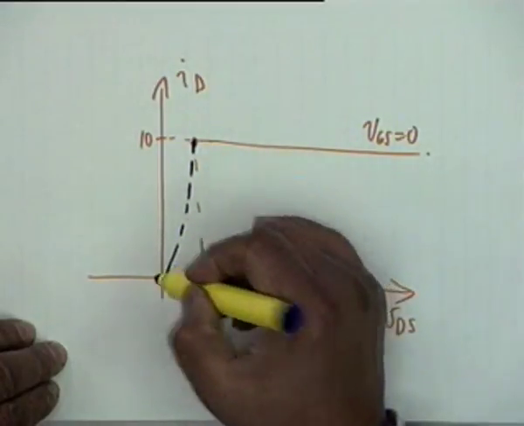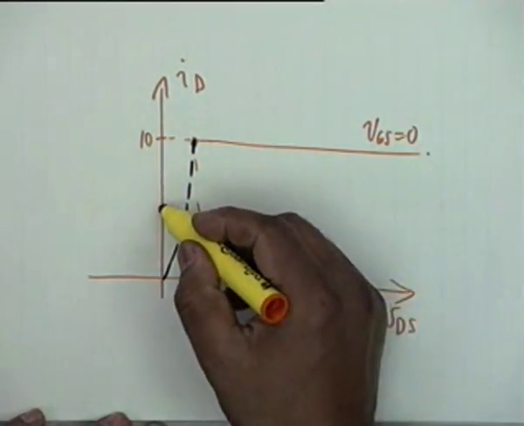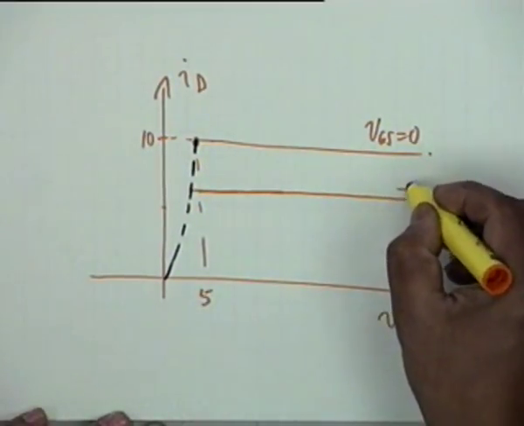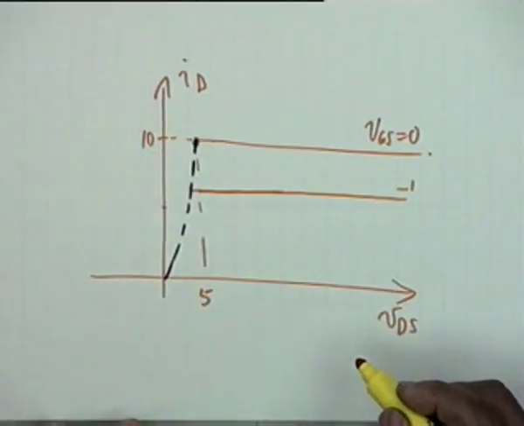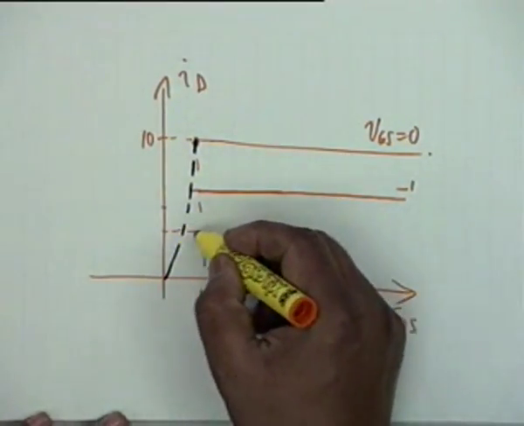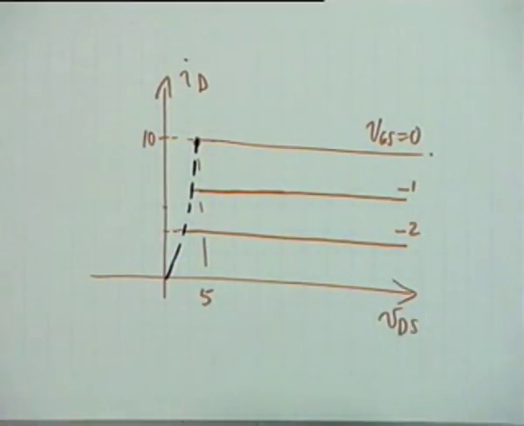It would go like this, and therefore the other set of characteristics: VGS equal to minus 1 gives 6.4, so it's slightly higher than half, it's somewhere here; minus 2 gives 3.6, so it's somewhere here, and so on.